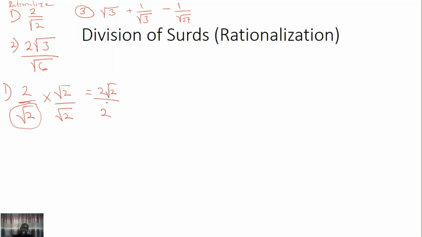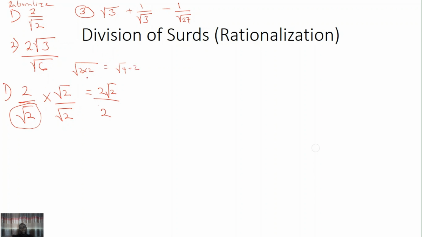You can watch my earlier video on surds, that will help you to understand why this is 2. But I can quickly explain that when you have root 2 multiplying root 2, that will be root of 2 times 2, which is equal to root 4, and root of 4 is equal to 2.